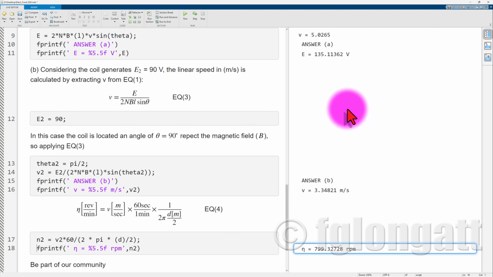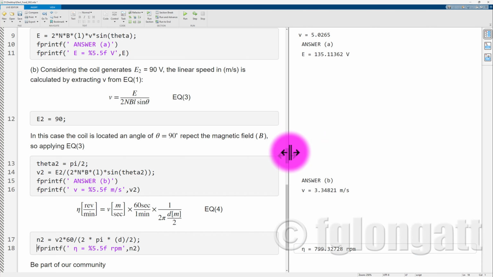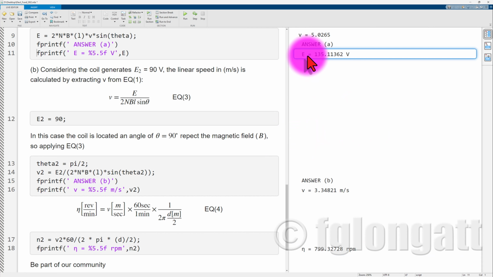So it's very important that when you finish your calculation, you reflect on the results. As you can see, if the coil is rotating at 1200 RPM, the induced voltage is 135 volts.